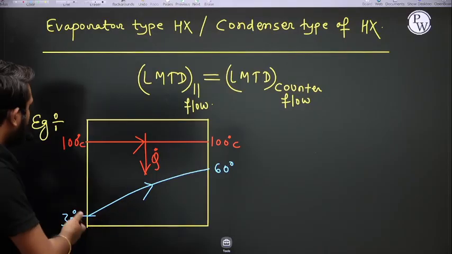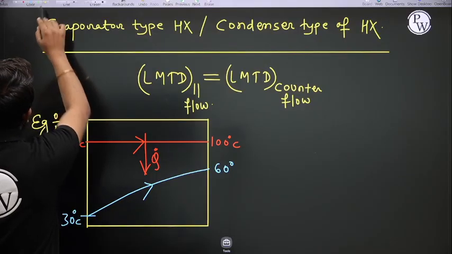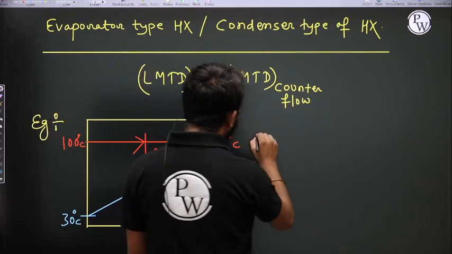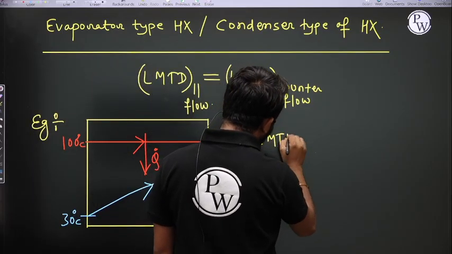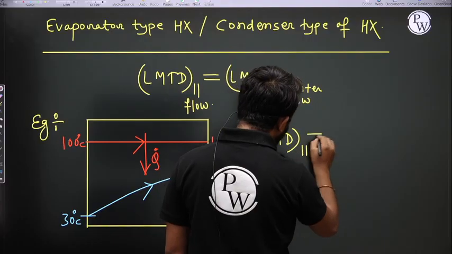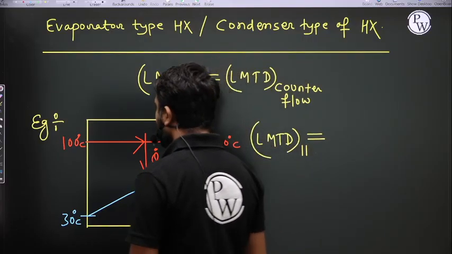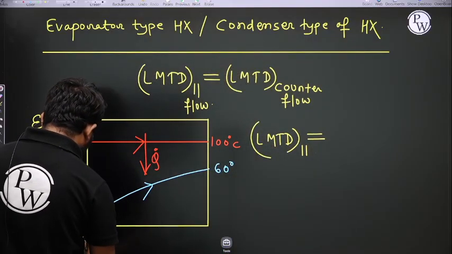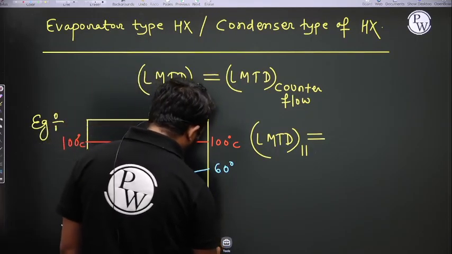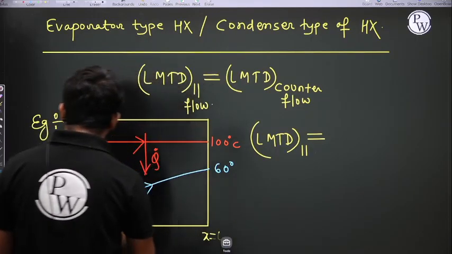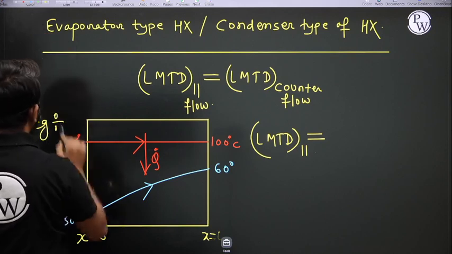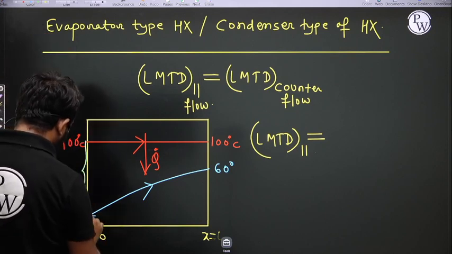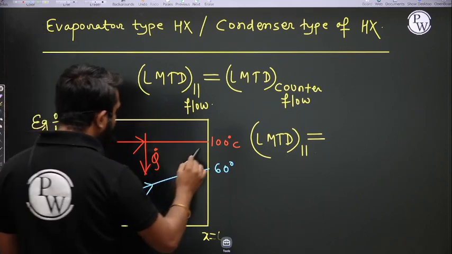So if you are calculating the LMTD for parallel flow, this is x equal to 0, this is x equal to L, and this is theta 1 and this is theta 2.